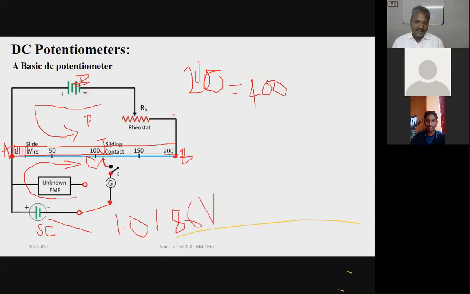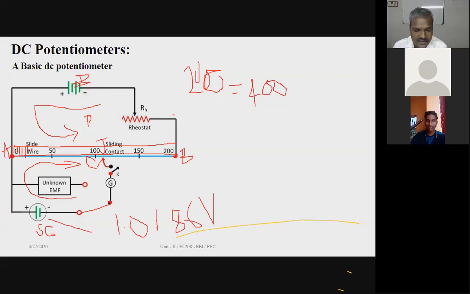Please realize the standard cell voltage is 1.0186 volt. This cadmium cell acts as a standard for calibrating potentiometers as well as any voltage measuring devices.